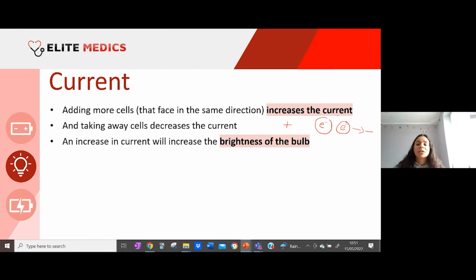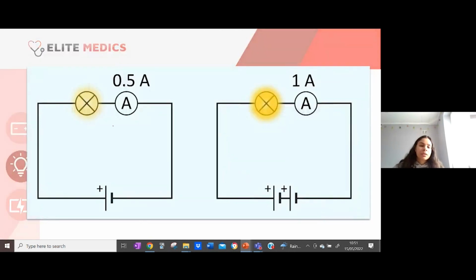So we're increasing the current, we're increasing the rate these electrons are moving. And if we take away cells, we decrease the current, so that makes sense. An increase in current will increase the brightness of a bulb. So here we can see our bulb with 0.5 amps. Here we've added another battery and we've put the current at 1 amp, and you can see how much brighter the lamp is shining.